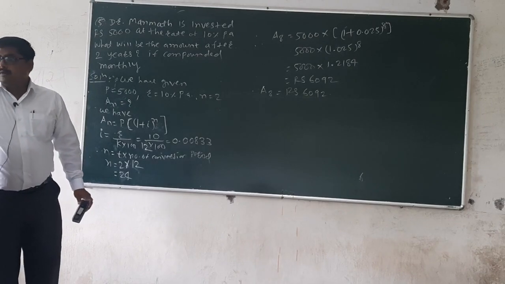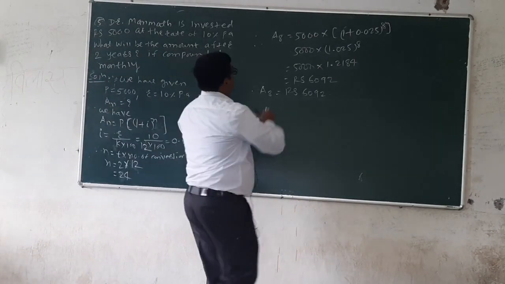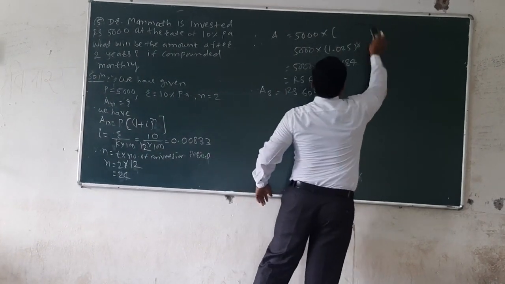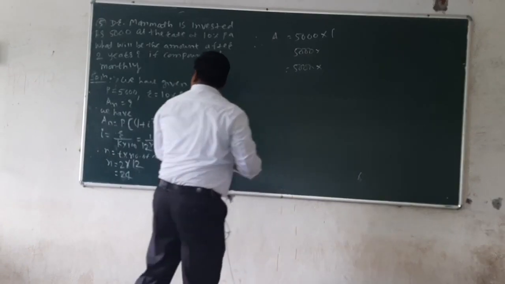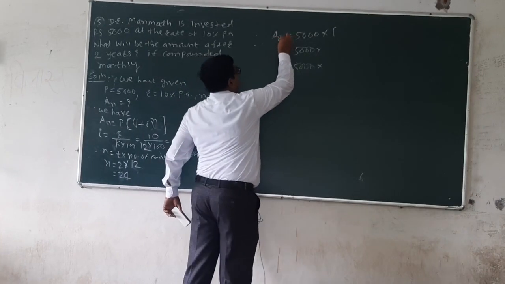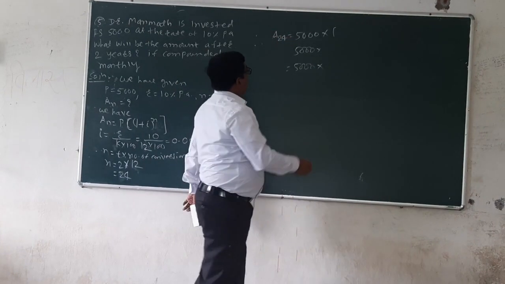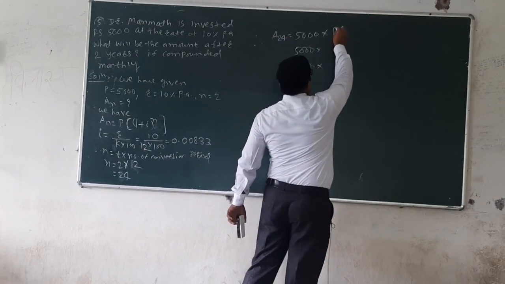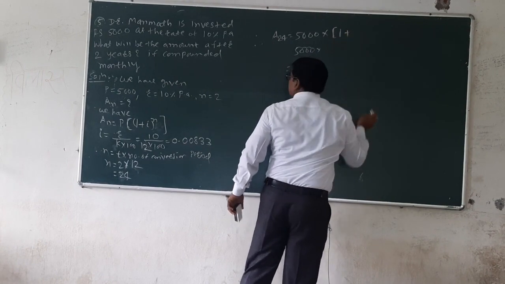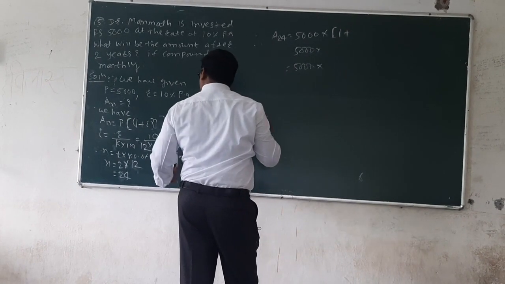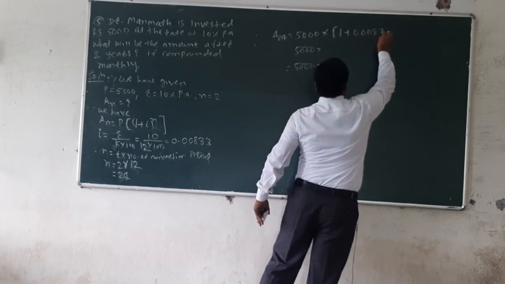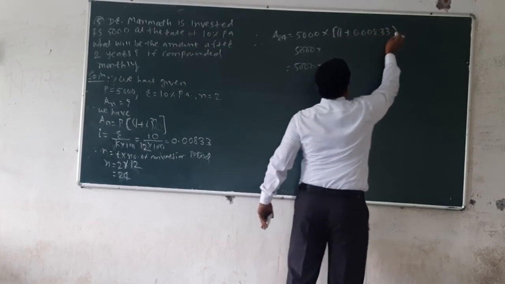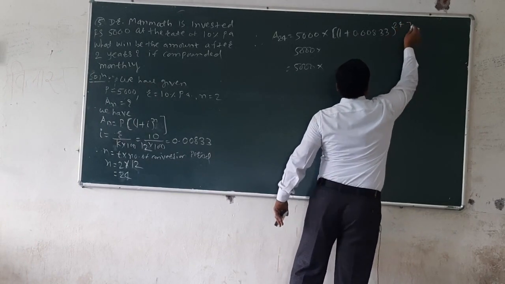Then the amount at the end of the 24th payment period is 5000 into (1 plus I), I equal to 0.00833, raised to power 24.